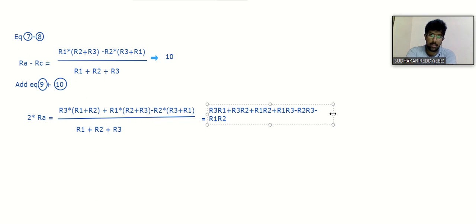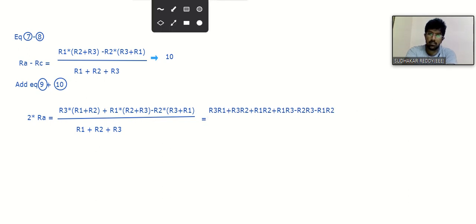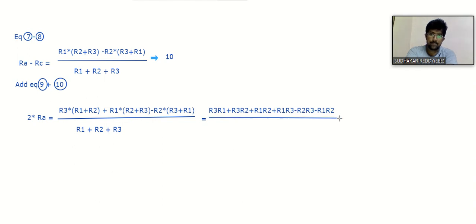Understood, everyone? Then divided by R1 plus R2 plus R3. Now, if you observe this equation, we need to observe which terms will get cancelled.